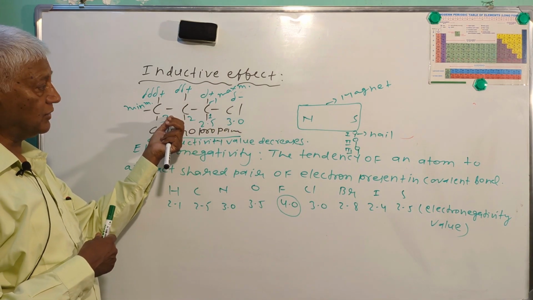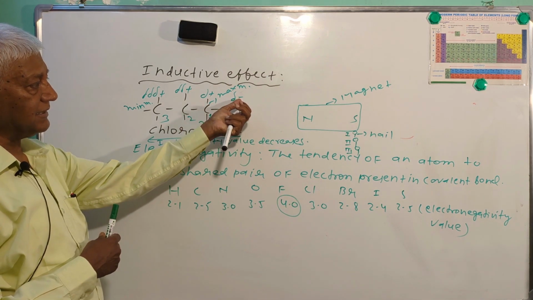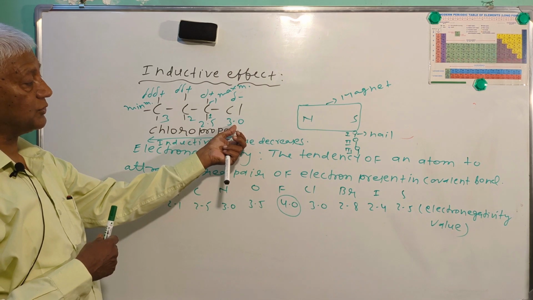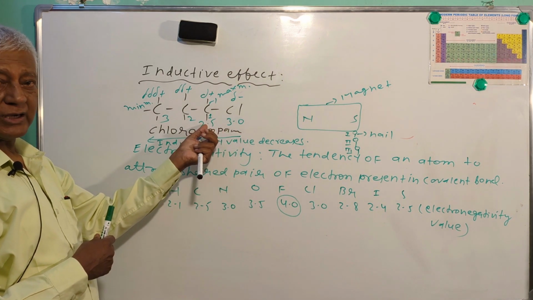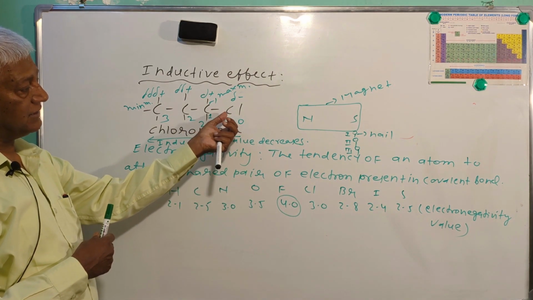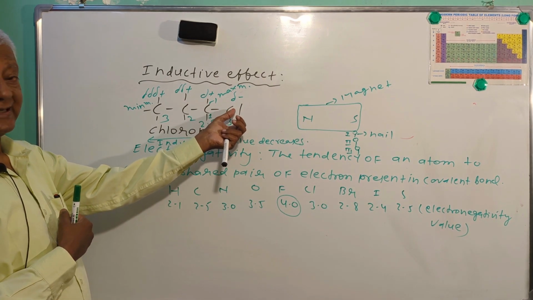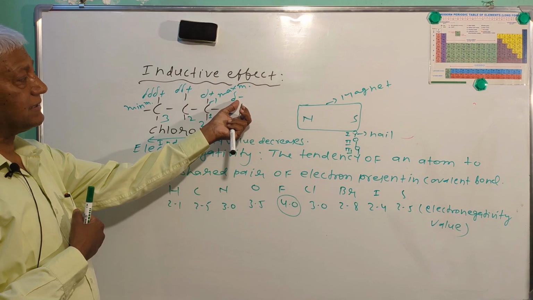Very important over here. Chlorine develops a slightly negative charge because it has a high electronegativity value, while carbon has a low electronegativity value. So chlorine attracts the shared pair of electrons toward itself and develops a slightly negative charge.